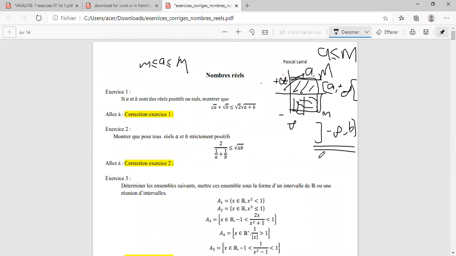Donc ici, avec cette définition, we are going to say M is less than or equal to A. The less than you have dealt with here, and the equal to you have dealt with here, is this B that you have here.